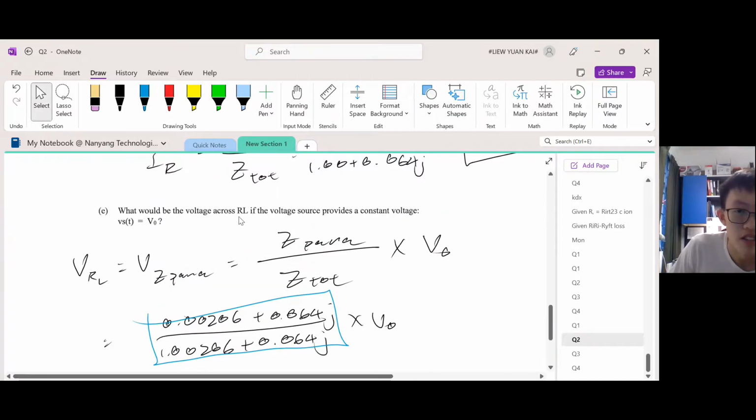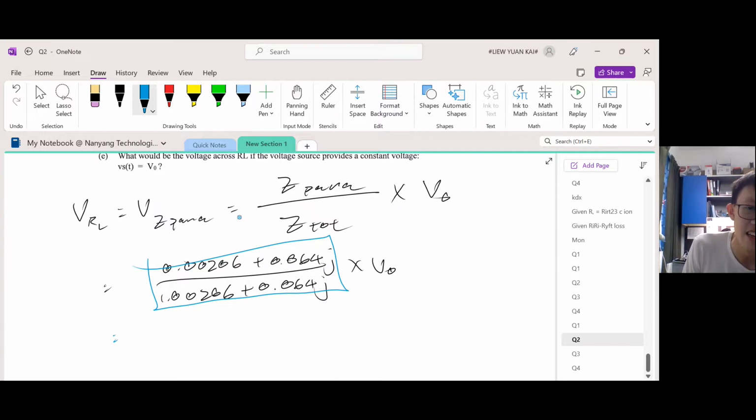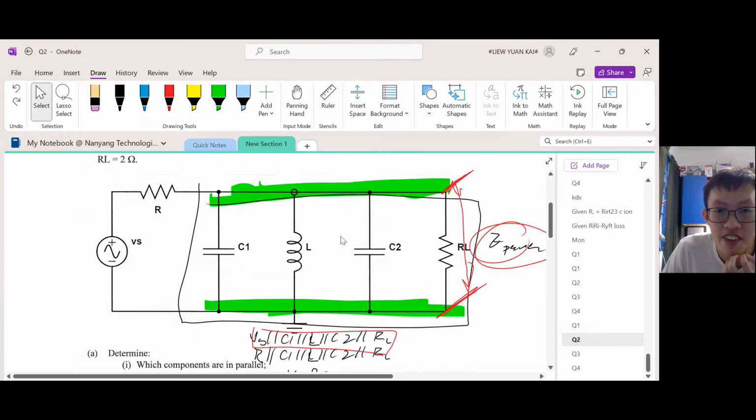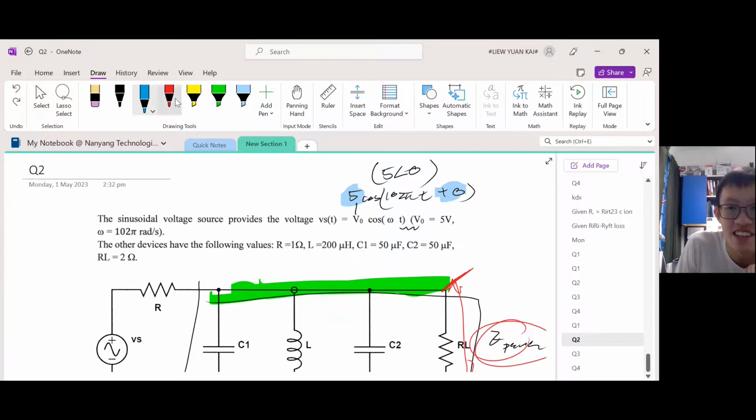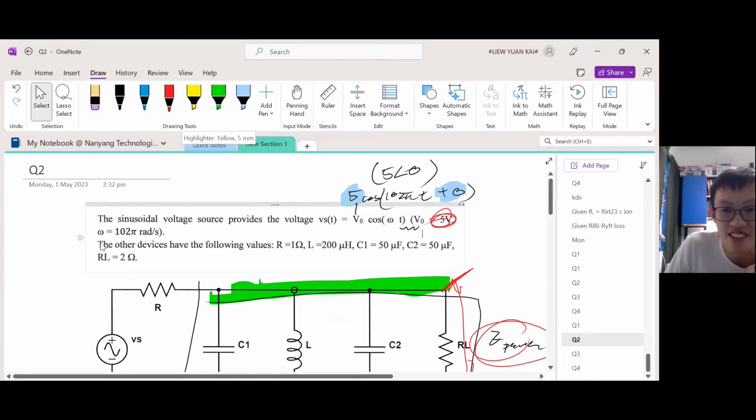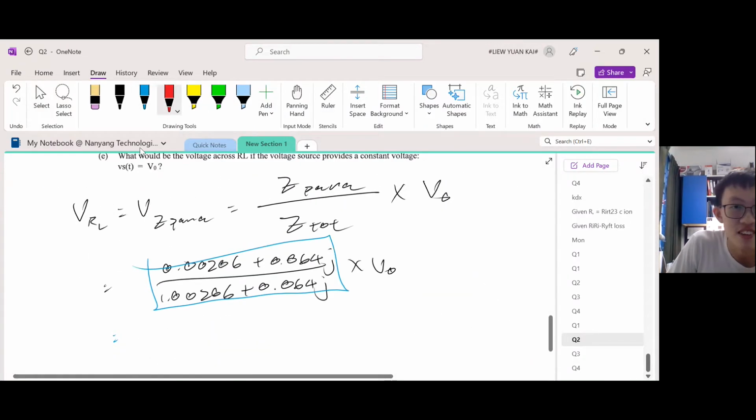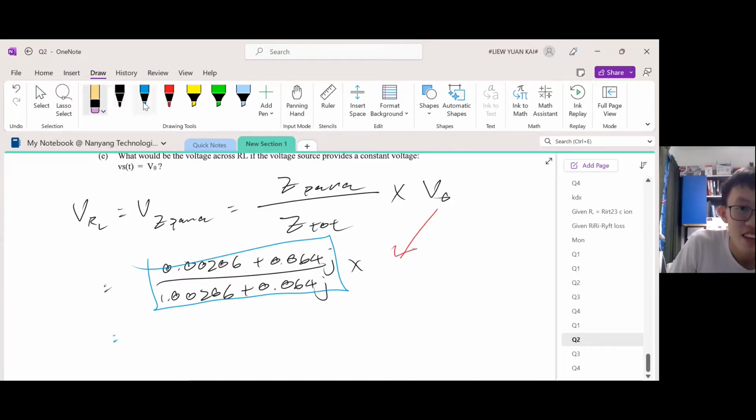What would be the voltage? Actually, I think you can honestly just leave it like this. It doesn't really matter to simplify or not. Oh wait, V naught they told us earlier, right? The value of V naught is 5. So you sub in the value of 5 here. My bad.